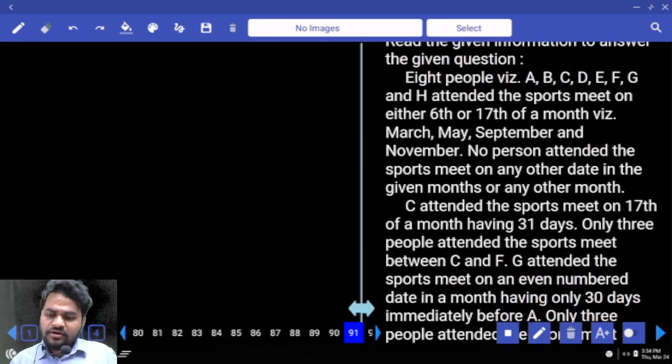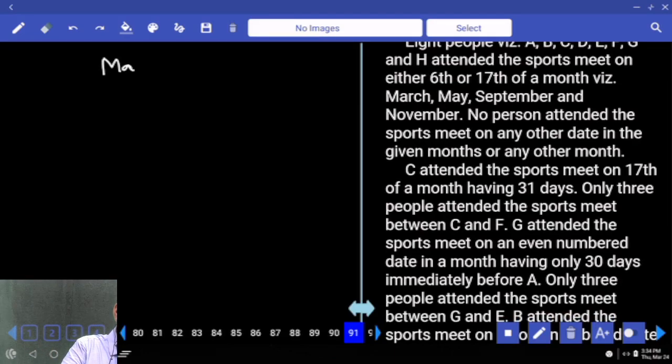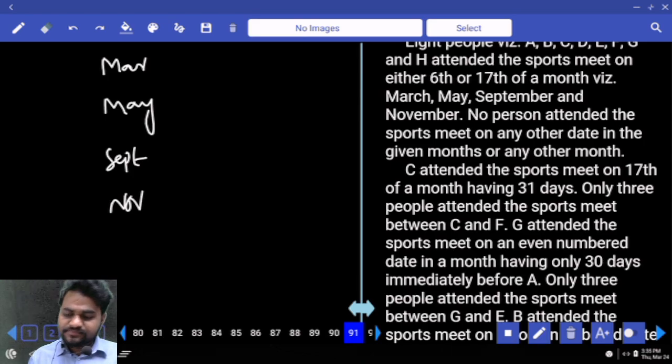Eight people attended the sports meet on either 6th or 17th of a month. The months are March, May, September and November.